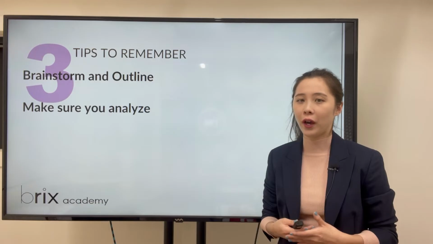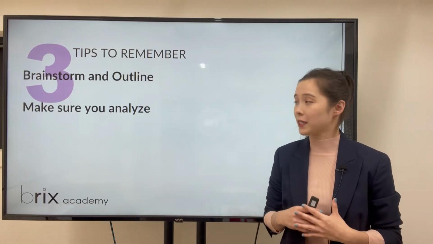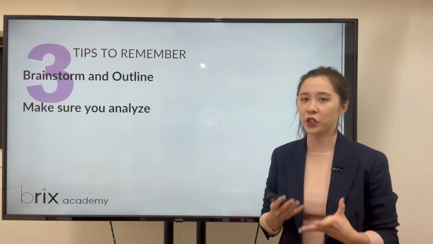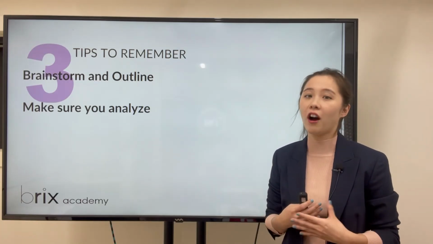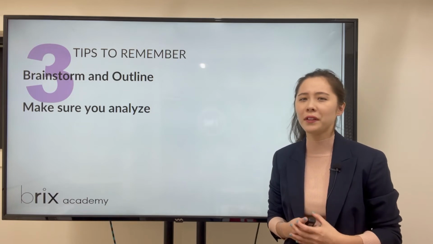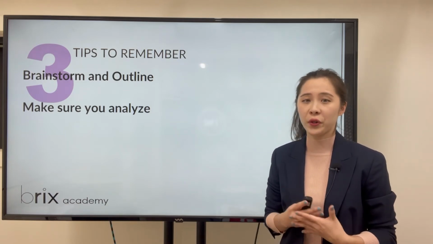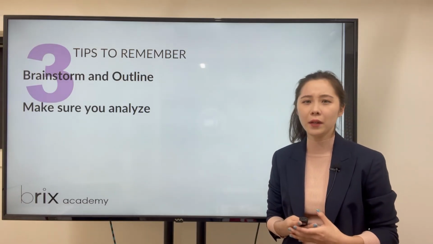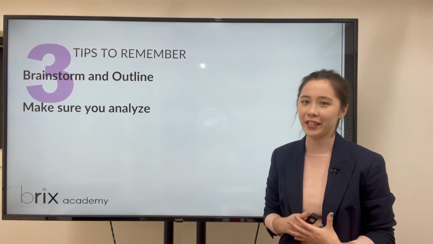Analyzing will make sure you have less summary and less explanation, and analysis is really the part where teachers see that you understand the content and that you are thinking on your own. For literature, for example, think about the effect on the reader or the author's purpose. And for historical events, think about the significance of that event.